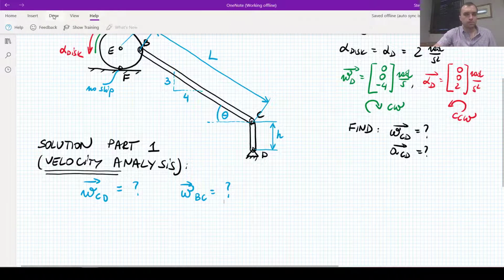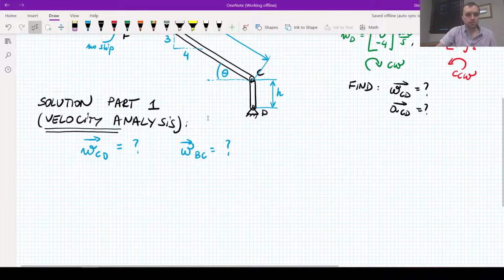So I would actually run velocity analysis between these three pairs of points.